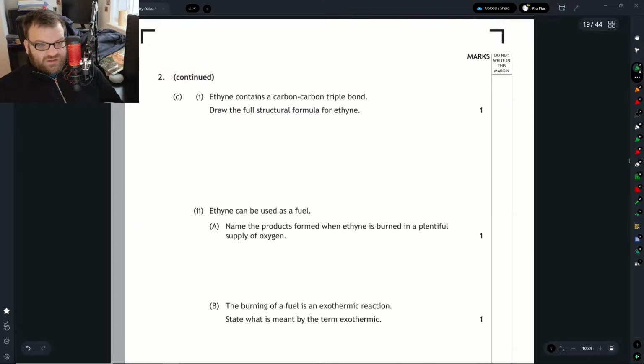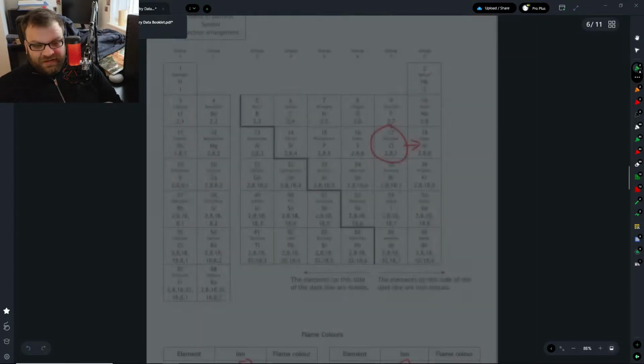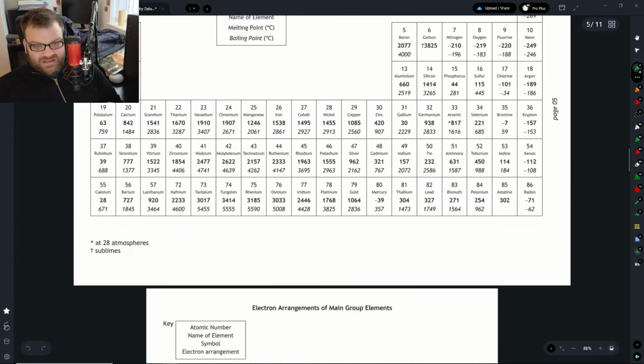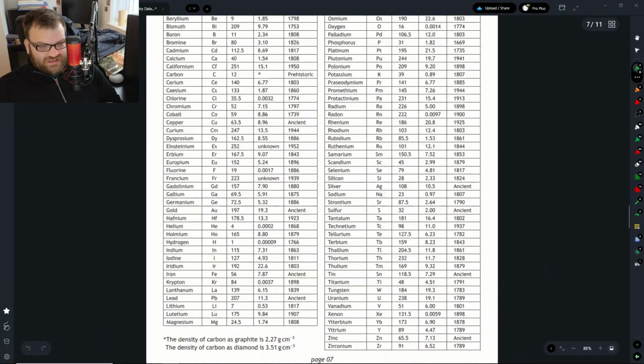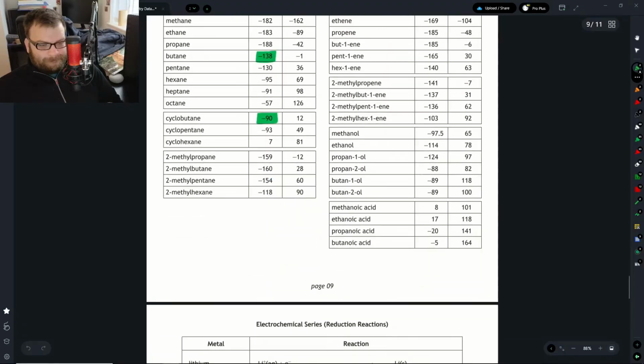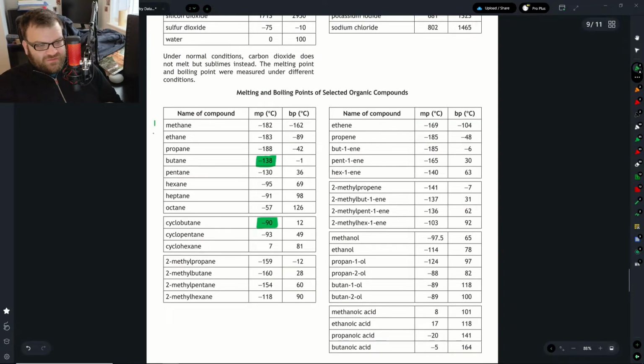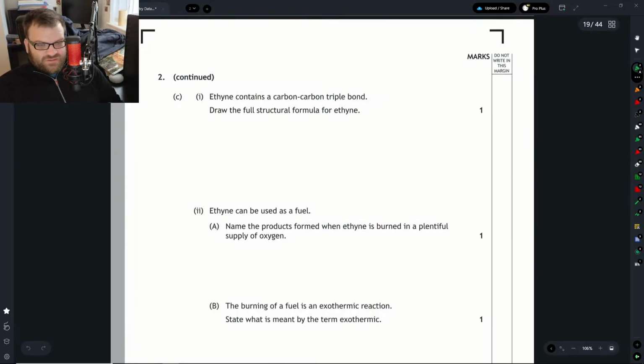Next up, ethene contains a double bond between carbons. Draw the structural formula of ethene. Eth is 2 carbons. You can see that if we go down. So meth would be 1 and eth would be 2. So I'm going to do that first. 1, 2. It's got a double bond.